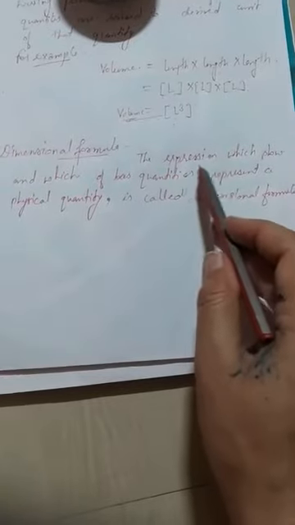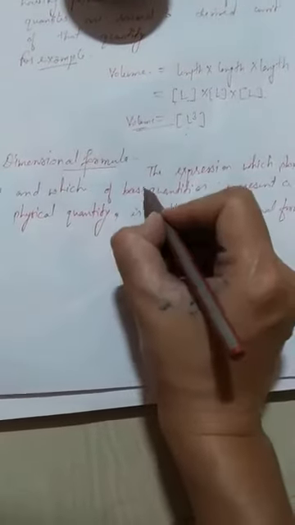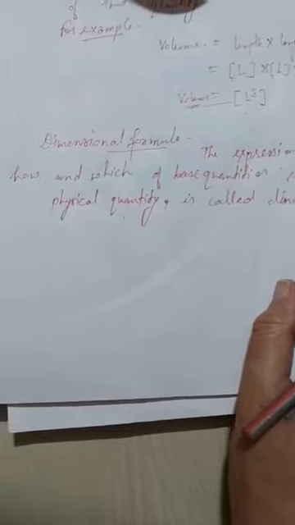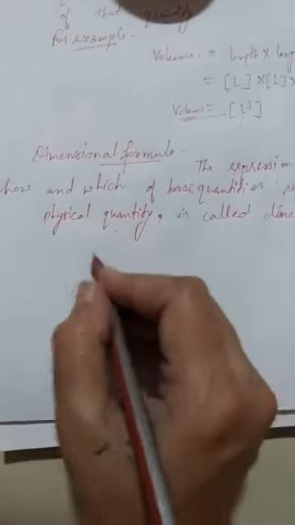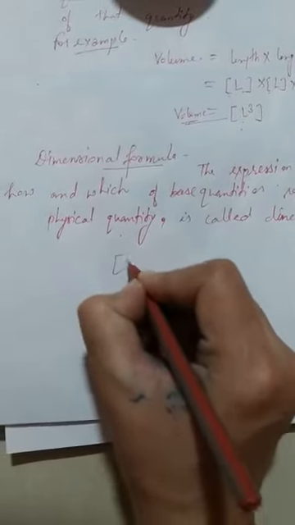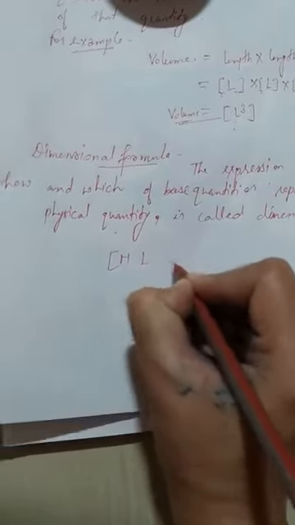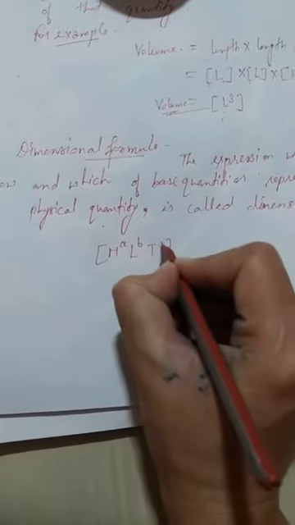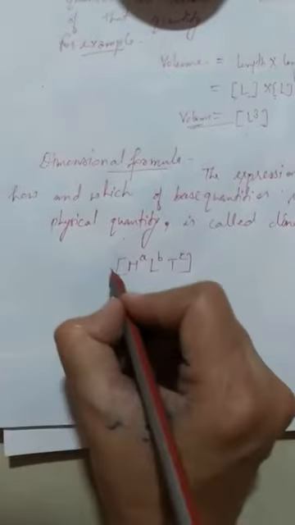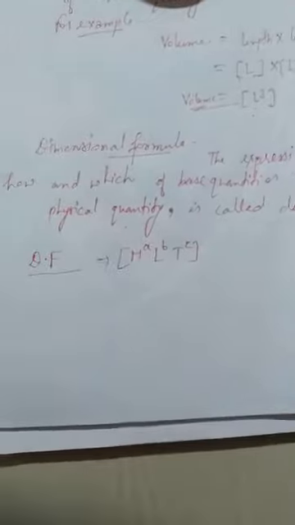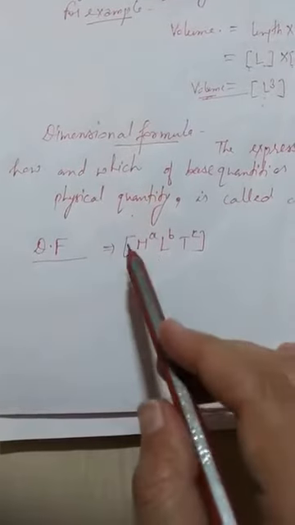Dimensional formula is the expression of a physical quantity in terms of the base quantities. There are the same 7 base quantities, and we write the expression in the form of M L T, with powers a, b and c. This is the dimensional formula of a term.